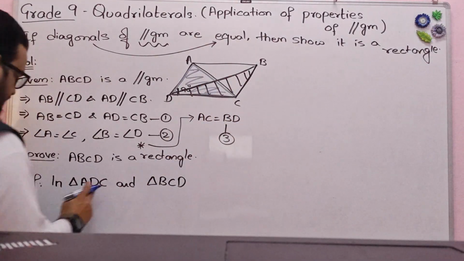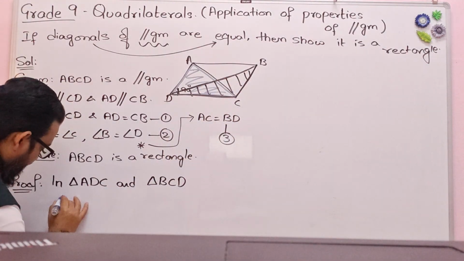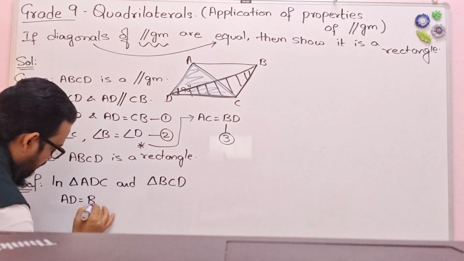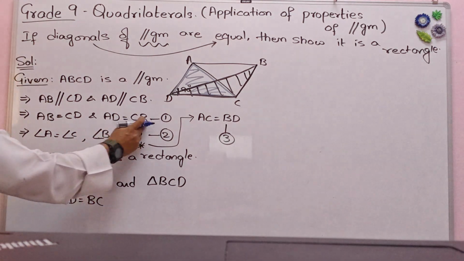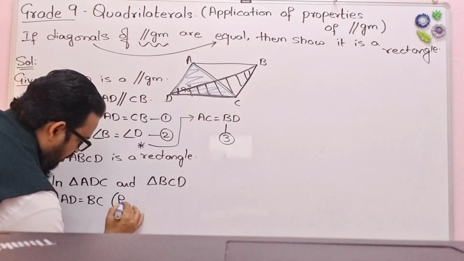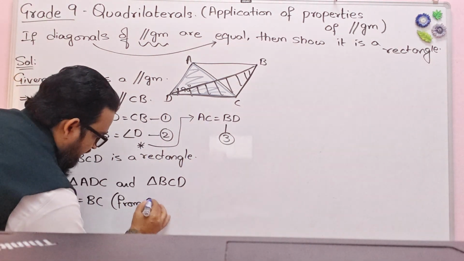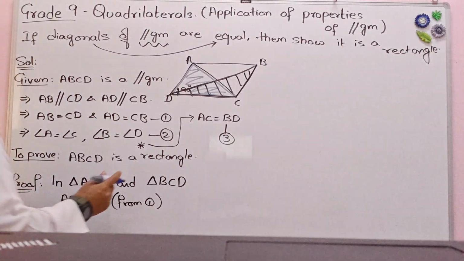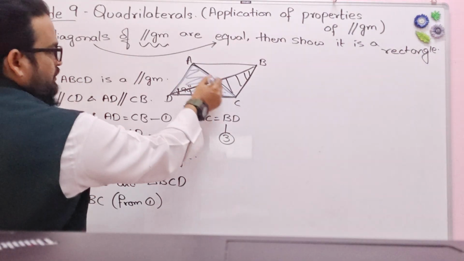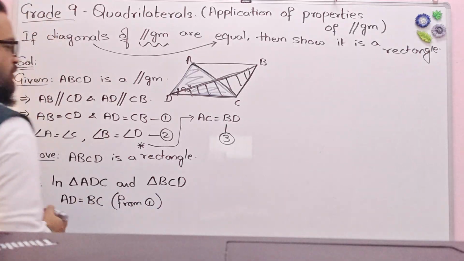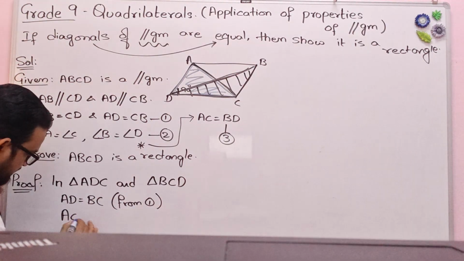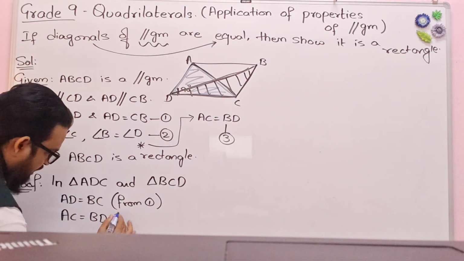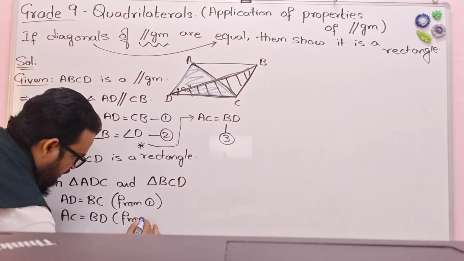AD is equal to BC. Why? From one, opposite sides are equal in a parallelogram. And after that, what are equal? It is given that AC is equal to BD. How can you find out?